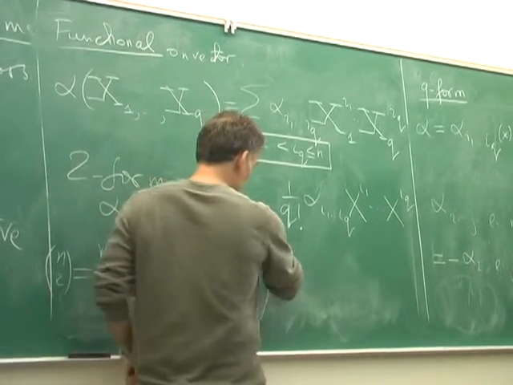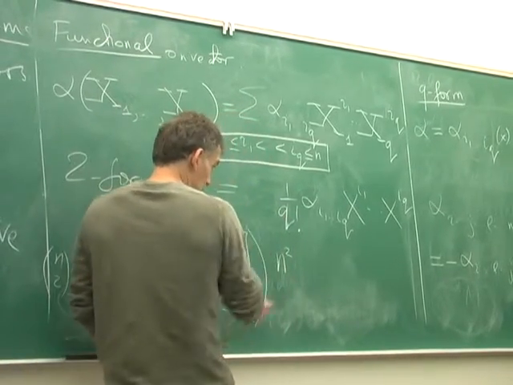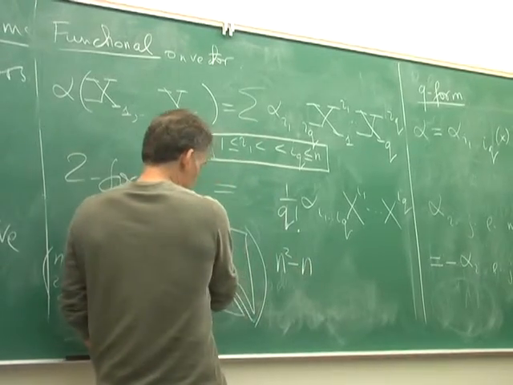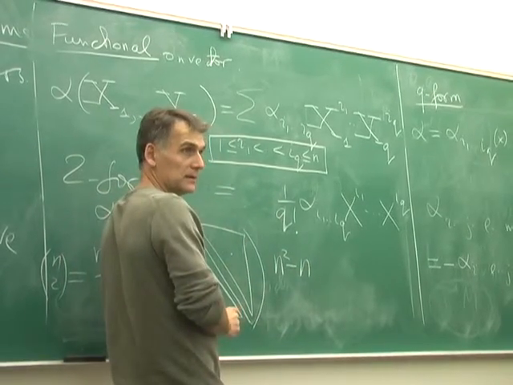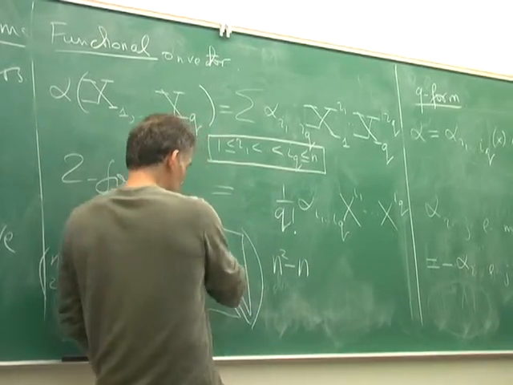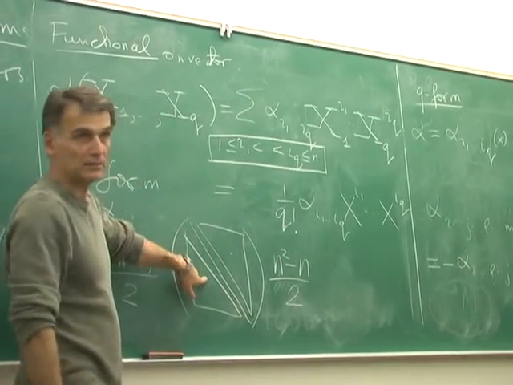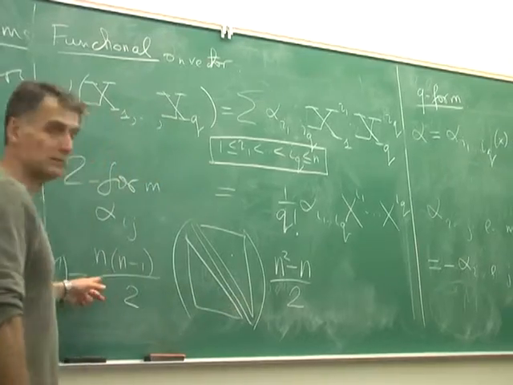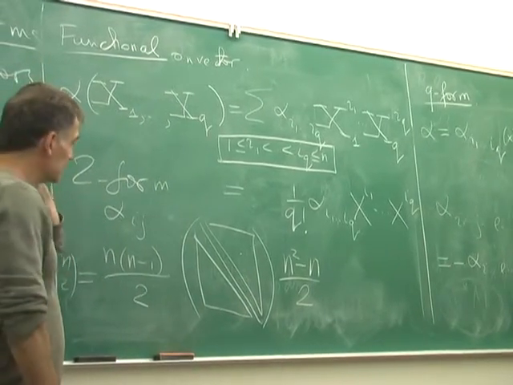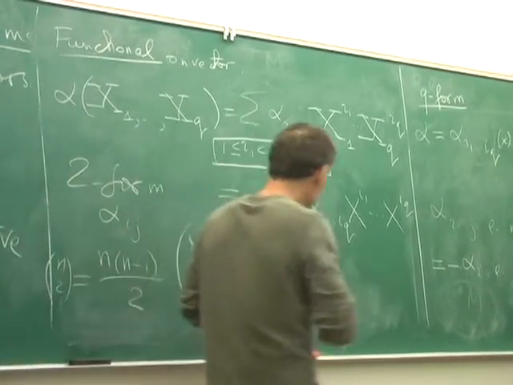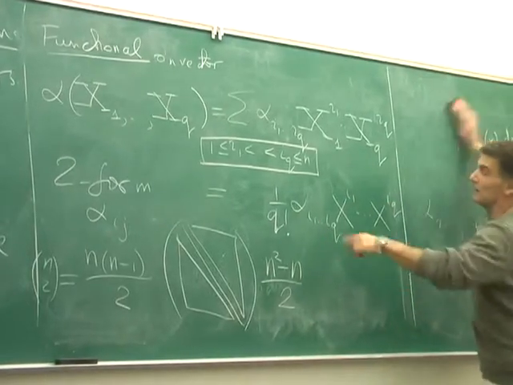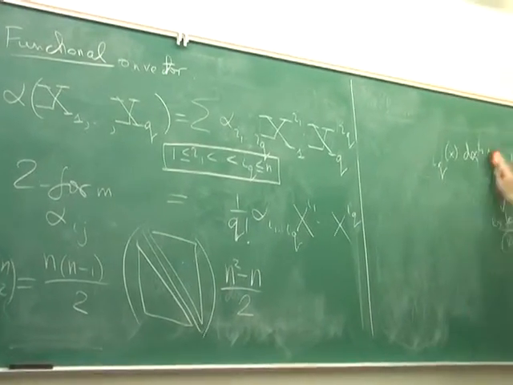Well, the total number is n squared, and then you subtract n because that's how many there are on the diagonal, which is 0. And then you divide by 2, because these are equal to the negative of those, and that's exactly this number, right?